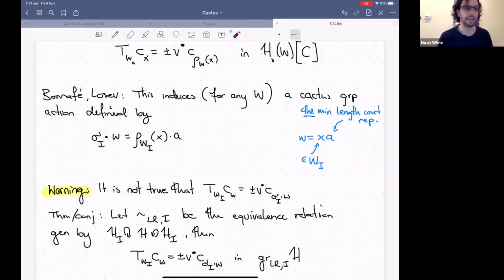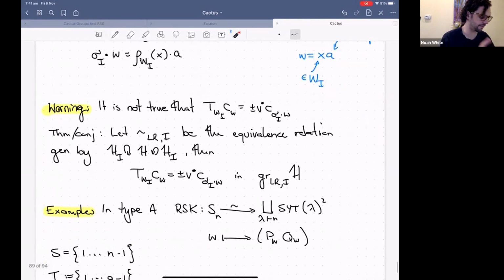So you have to talk about relative Kazhdan-Lusztig cells and the relative version of the equivalence relation, where you think about the Hecke algebra as a bimodule over the parabolic subalgebras. That gives you a theory where you can make sense of this. I've written it as a theorem/conjecture because, for the experts, I think this only depends on Lusztig's 14 or 15 conjectures, but I'm not 100% sure, so I have to chase through exactly what this depends on. Okay, so that's an aside.